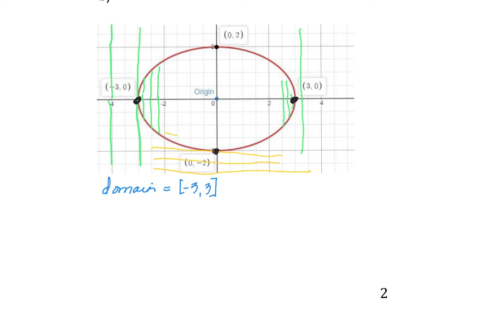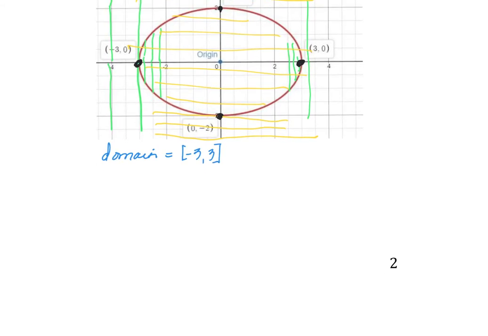And then keep going, you can see that inside this ellipse, I am touching the graph. At +2, I'm touching the graph. But anything larger than 2, and I'm no longer touching the graph. My range is going to go from -2 to +2 inclusive. So I'm including those values.